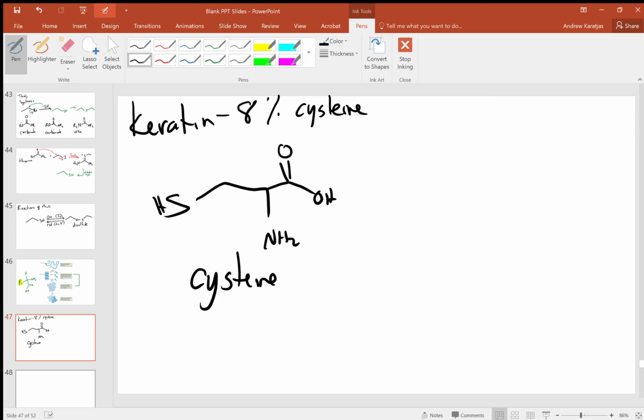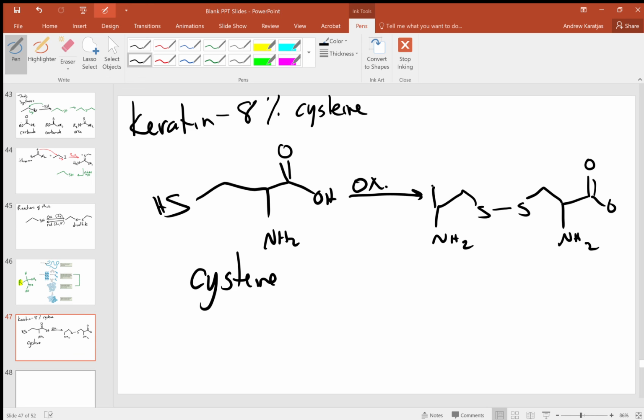And so in fact, the shape of your hair is largely controlled by where the disulfide bonds are. So if you have 2 cysteine residues and you oxidize them, then you form this disulfide bond, and that helps shape the molecule.